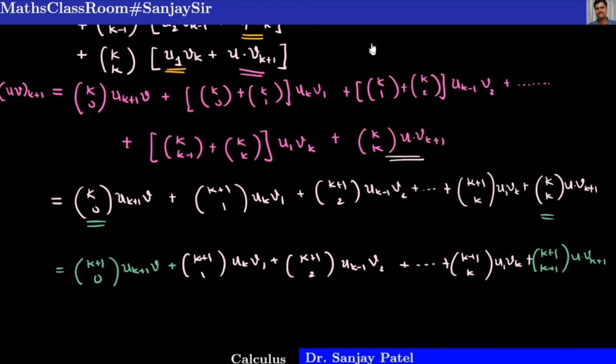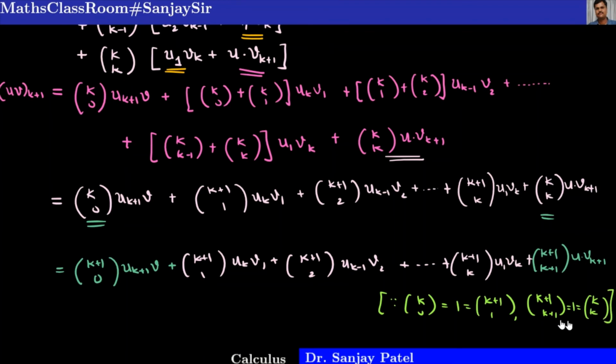The reason for this is that kC0 is equal to 1 and it is the same as k plus 1 C0, and k plus 1 C(k+1) is also 1, which is the same as kCk.